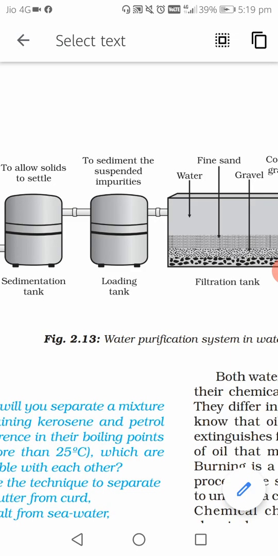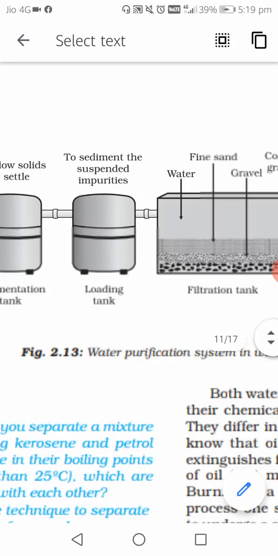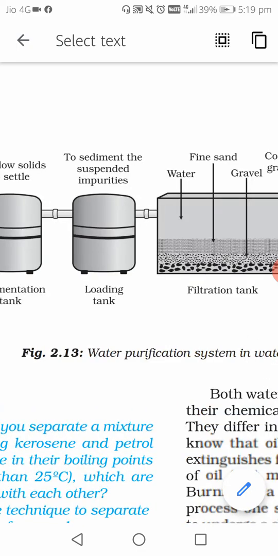This potash alum reacts with water and makes the suspended impurities settle down at the bottom, because a suspended impurity, if you don't treat it with anything, will keep on floating, but we want to make it settle at the bottom. So how can we do that? By using a compound, the name is potash alum.